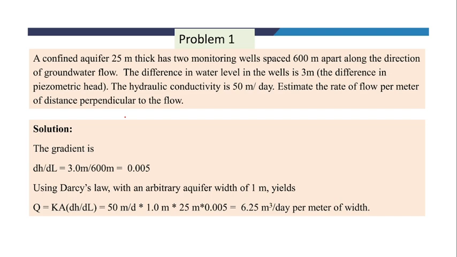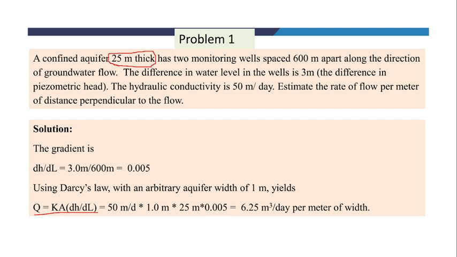Now estimate the rate of flow per meter of distance perpendicular to the flow. So it is asked to find the flow rate. We know that Darcy's law is Q is equal to KA into dh by dl. So what is the given data? 25 meter thick. So thickness is given.